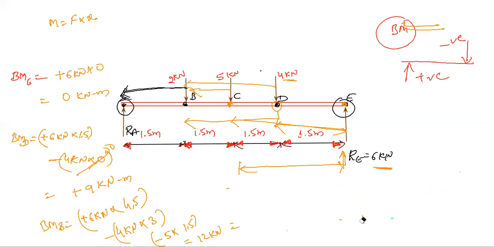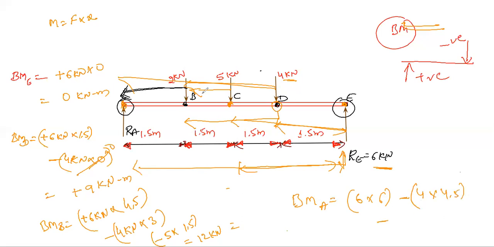Now similarly determine the bending moment at this point A. So how can we calculate here? Again, this is 6 into the total distance, because we are calculating at this point. 6 into 6, minus this 4 into, from here to here, what is the distance? 4 into 4.5.